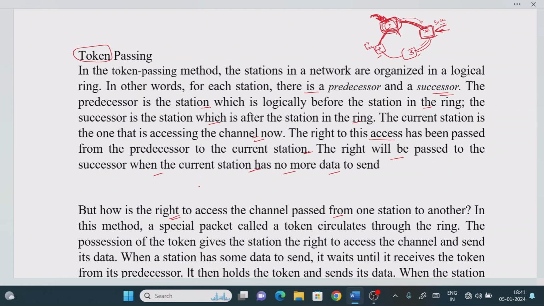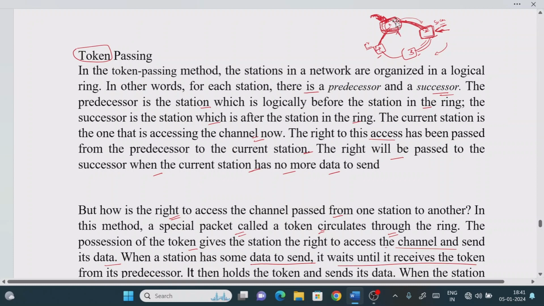How is it going to transfer? In this method, a special packet called the token circulates through the ring. The position of the token gives the station the right to access the channel and send its data. When a station has some data to send, it waits until it receives the token.